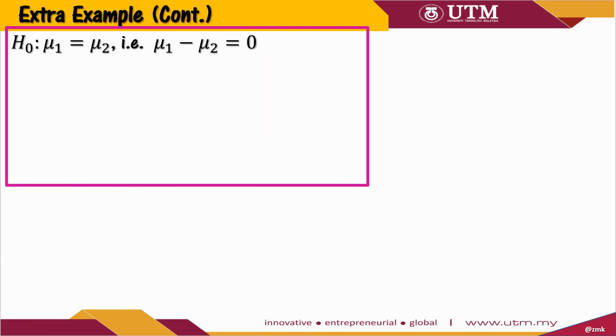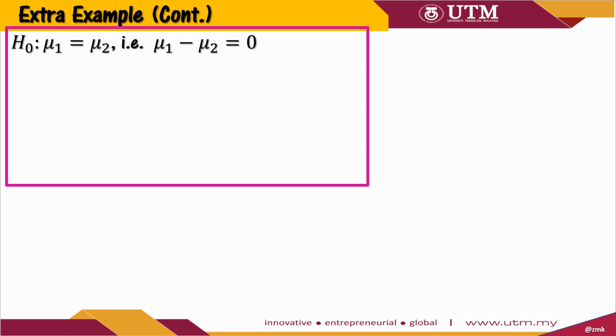H0: mu1 is at least or simply equal to mu2, that is, mu1 minus mu2 is at least or simply equal to 0, which implies the morning shift employees are just like evening shift employees or work less efficiently, that is, on average, the morning shift assembly time is just the same or longer than the evening shift assembly time.